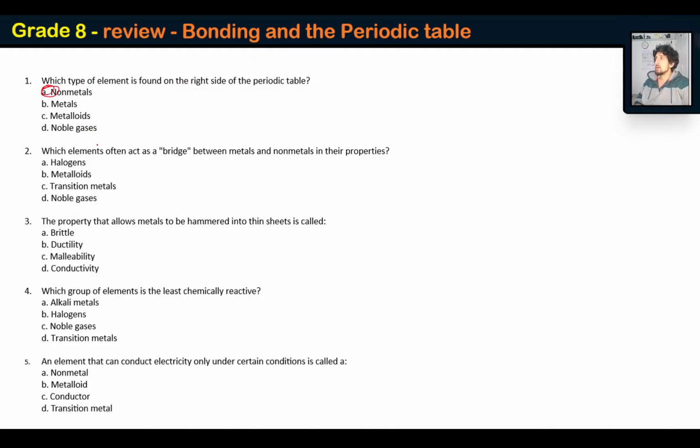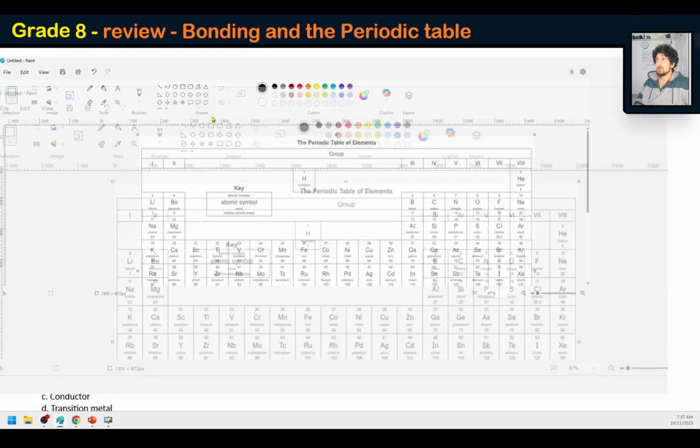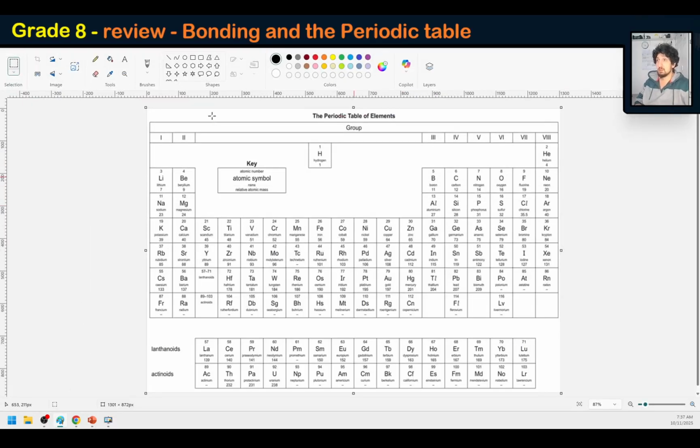Non-metals. Which elements often act as a bridge between metals and non-metals in their properties? When it comes to properties, it's very clear how metals behave. Metals are malleable, ductile, conductive for both heat and electricity. Metals have high melting and boiling points.